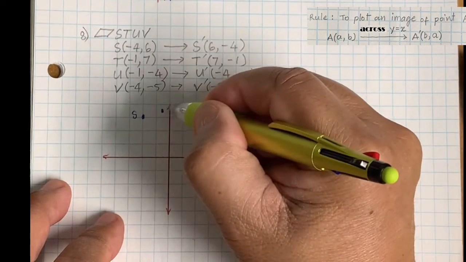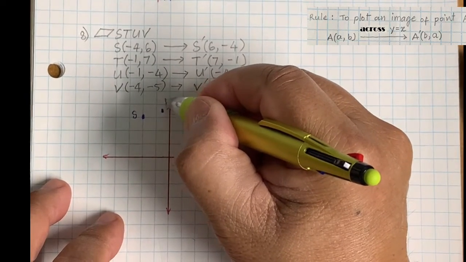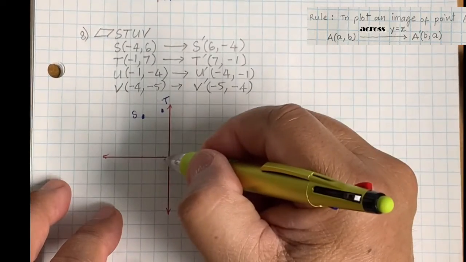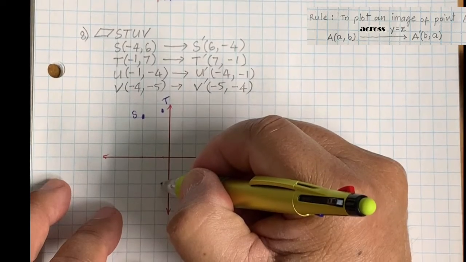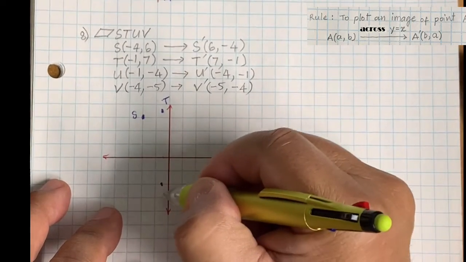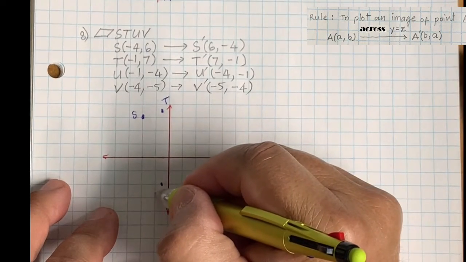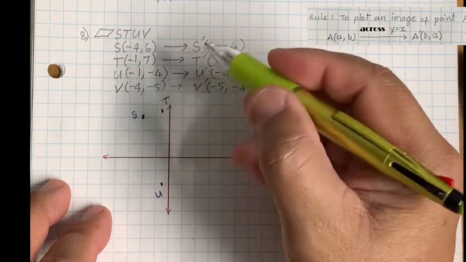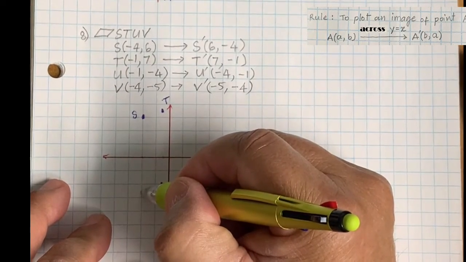So that is T. U is negative 1, negative 4, so right here, that's U. V is negative 4, negative 5, so right here.